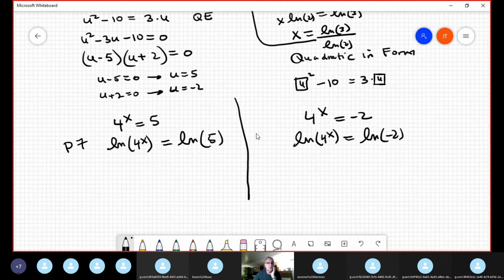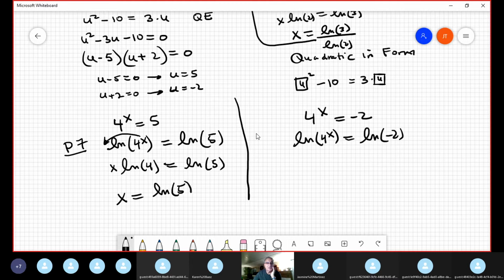Well, no, in this case, no. And you apply the x exponent going to the front. This is the idea of property 7. And finally, you divide by ln of 4 on both sides, and you have this exact answer. But in this case, I don't need the exact answer. I need the decimal approximation. I put it in the calculator, and the answer is 1.1609.